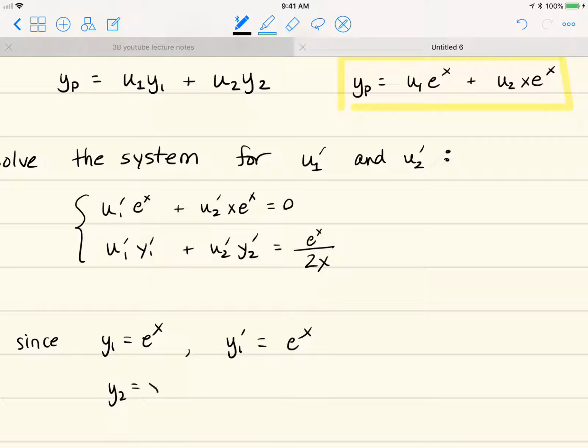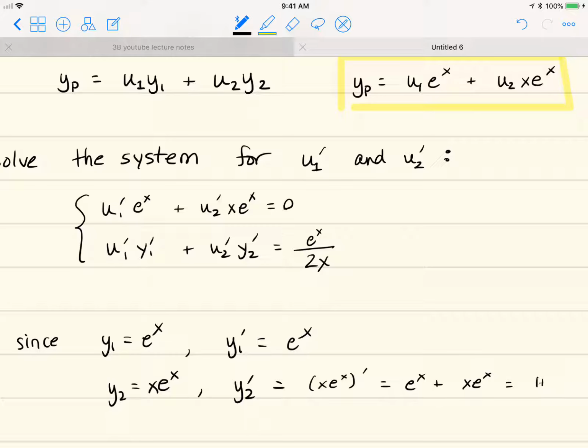And y2 is x e to the x, so y2 prime is equal to, now we need the derivative of x e to the x. We're going to use the product rule, so we'll get e to the x plus x e to the x.